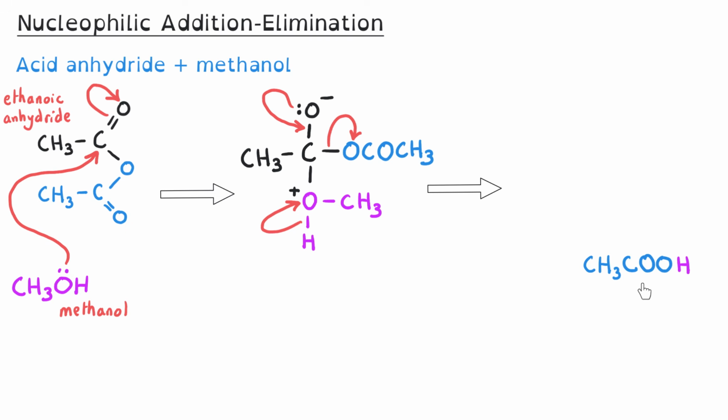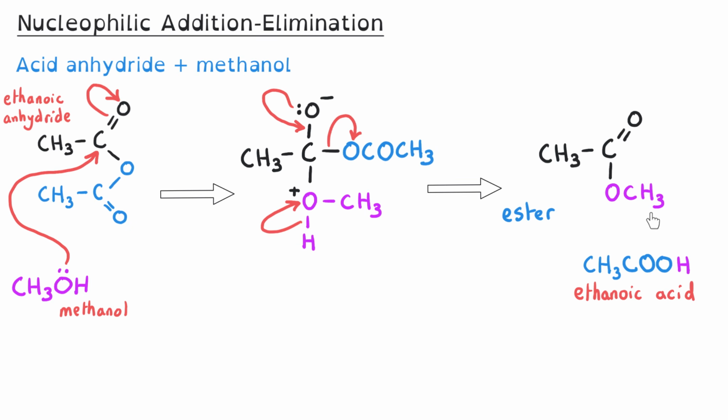of a carboxylic acid. And in this case, because I was using ethanoic anhydride, we would produce ethanoic acid as a byproduct. The acyl derivative that we produce on this occasion, because I was using the alcohol methanol, would make an ester, and it would be a methyl ester because we've only got one carbon in the alcohol that attacked the ethanoic anhydride.